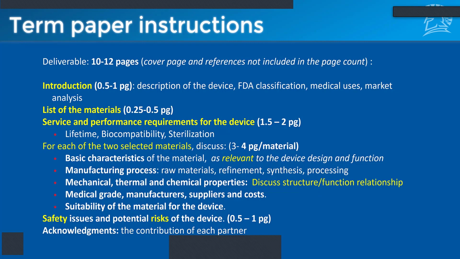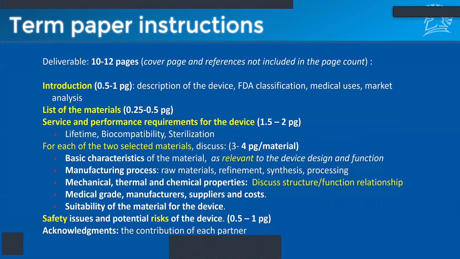And then for each of the 2 materials that you select, this is going to be the bulk of your paper discussing these materials' details. You're going to come up with the following information for each one. Basic characteristics is the first bullet point here. So you do not need to tell me the specific gravity and the viscosity and the molecular weight.